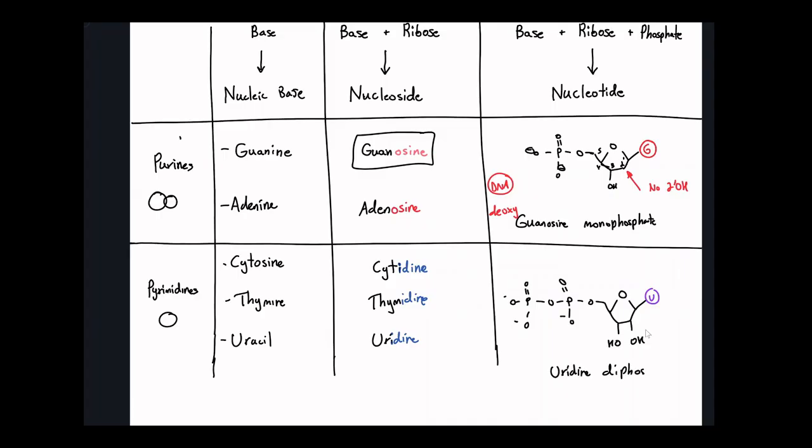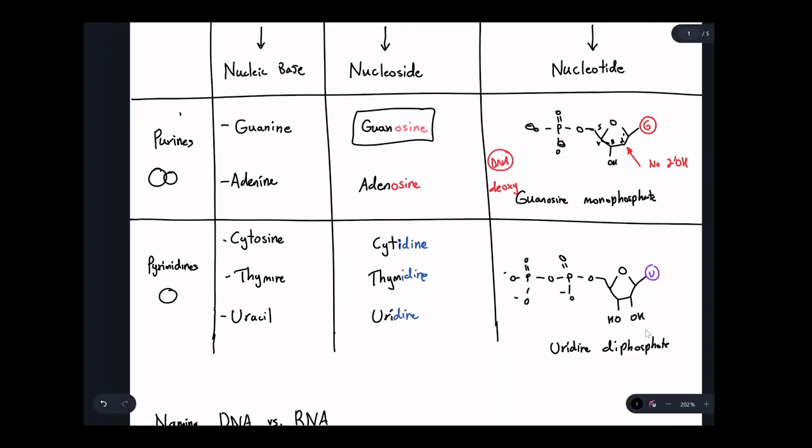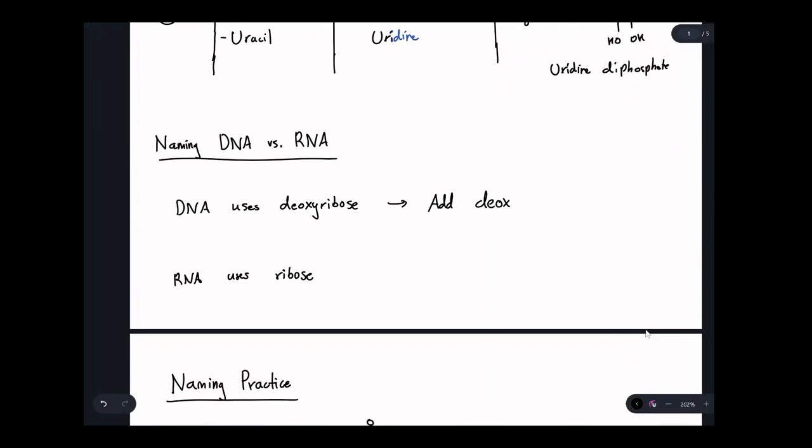Mono, di, tri for the phosphates. We don't need to put deoxy, because there is an oxygen there. And if there is an oxygen, you just leave it. So uridine diphosphate. This is how we name nucleotides. And the important thing, again, if you have DNA, you have to add deoxy to the front of it.